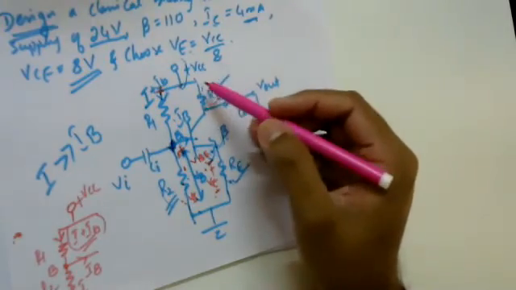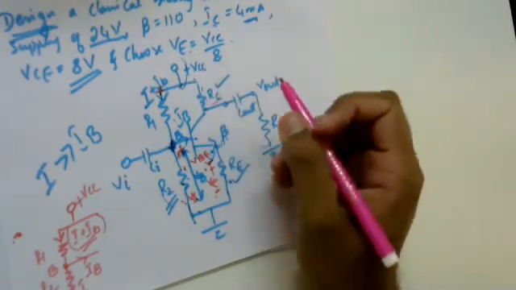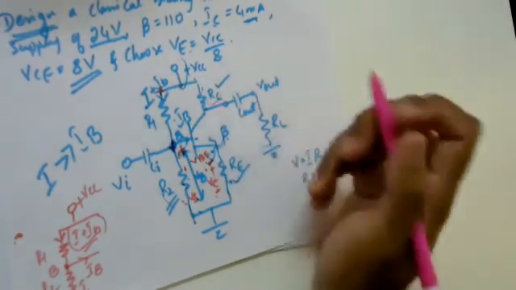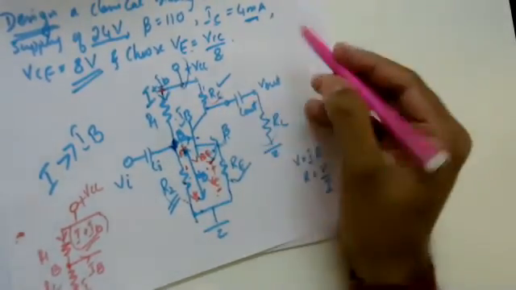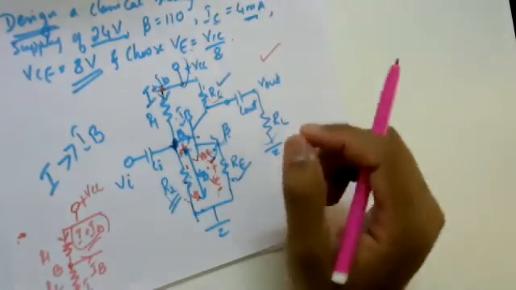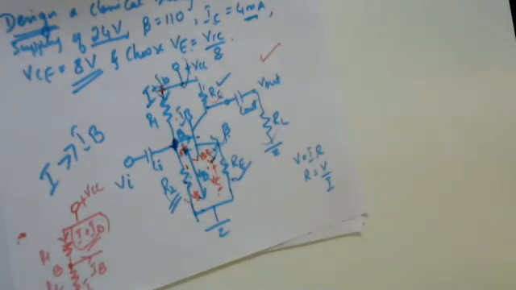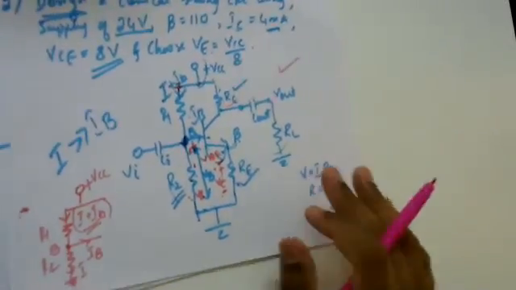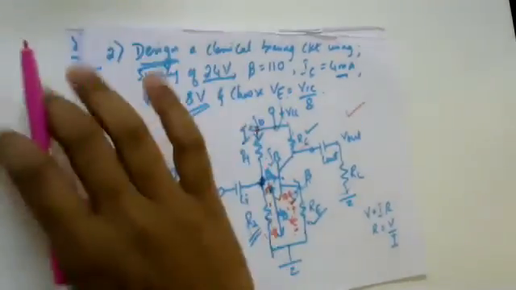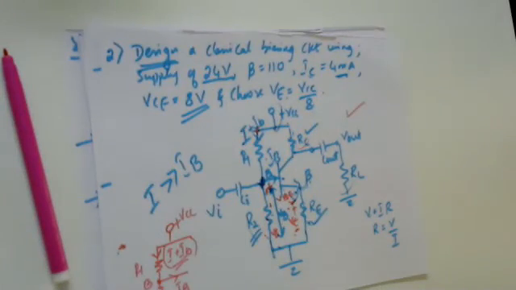Then the values of R1 and R2 are 50.7 and 10.1 kilo ohm respectively. We are able to design this complete circuit now. This should give you a very good confidence in applying what we discuss in theory whenever you are solving the numerical section of this topic.